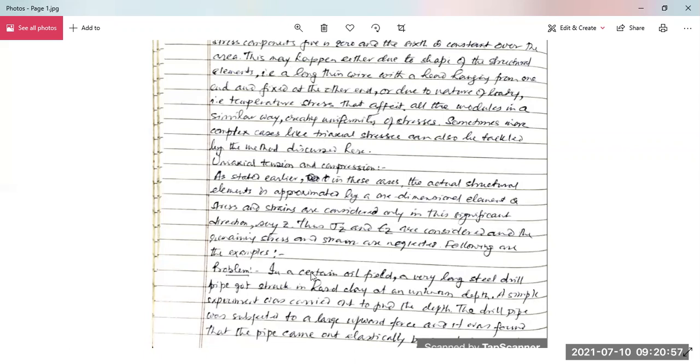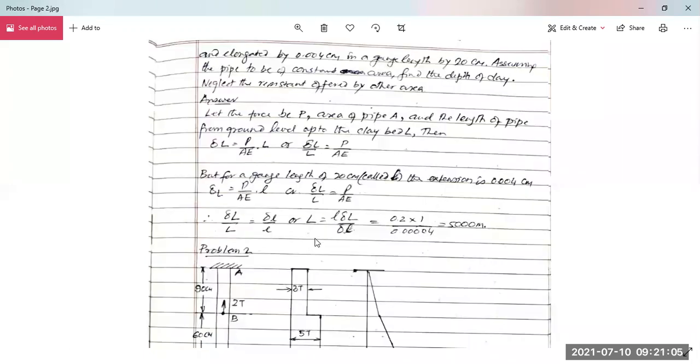We have assumed the pipe came out elastically by 1 meter. And for a gauge length of 20 centimeter, the drill is elongated by about 0.004 meter.